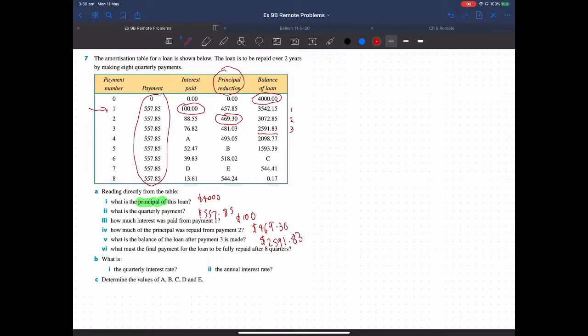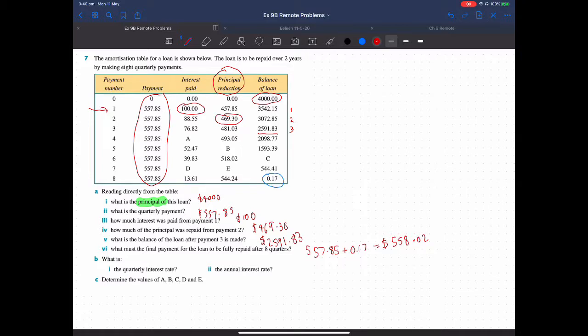If we look at the table, I'm going to change this to blue, you'll see there is 17 cents additional. So the final repayment was going to be $557.85, but we also want to pay off the remaining 17 cents, so we add 17 cents to that. Adding 17 cents to that, we get $558.02.